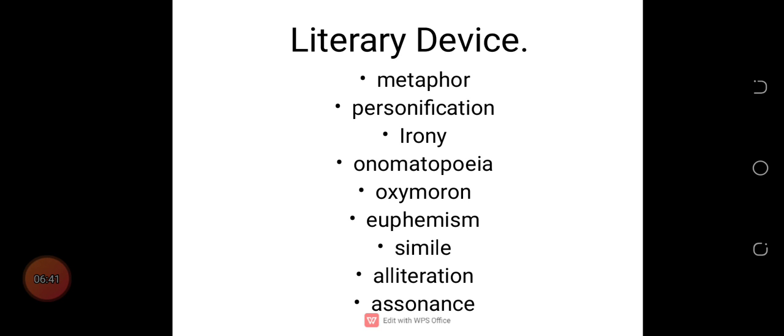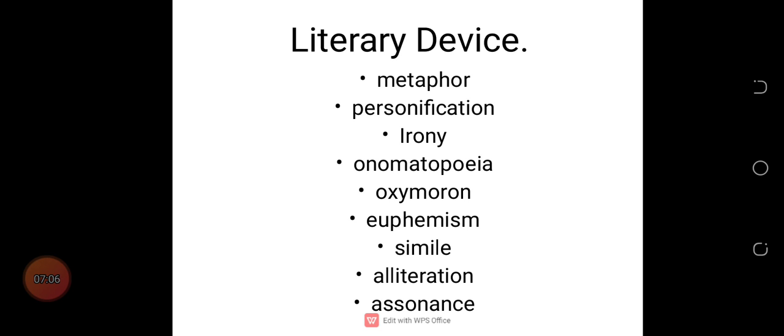Then we have irony, where we say the opposite of what is obvious. So looking at the man, he is very short, and you say that this man looks tall, or the man is fair and you say the dark man. We are saying the opposite of what is obvious. Then we have onomatopoeia, which is a sound device.